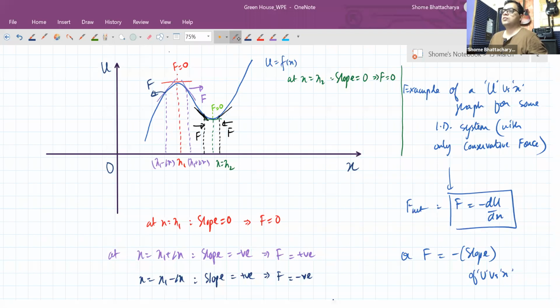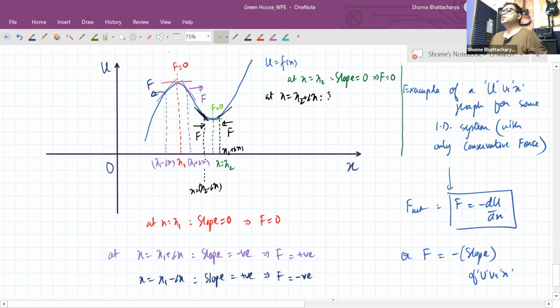Okay. So this point is my x2 plus delta x, and this point here is my x2 minus delta x. So at x equal to x2 plus delta x, you can see the slope is positive, so the force is negative, and at x equal to x2 minus delta x, the slope is negative, so the force is positive.